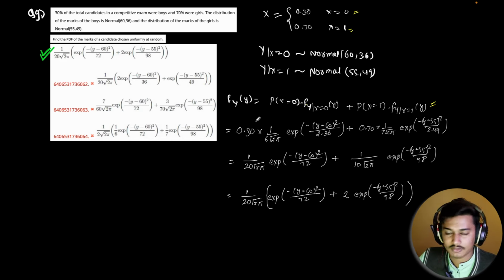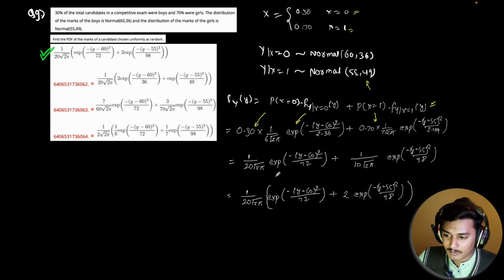P of x equals 0 is 0.30, and this one is normal 60 by 36, so sigma is root 36, that is 6, giving 1 by 6 root 2 pi exponential of minus y minus 60 whole square upon 2 into 36, plus P of x equals 1 which is 0.70 into 1 by sigma root 2 pi, where sigma is root 49, that is 7, so 1 by 7 root 2 pi exponential of minus y minus 55 whole square upon 2 into 49.